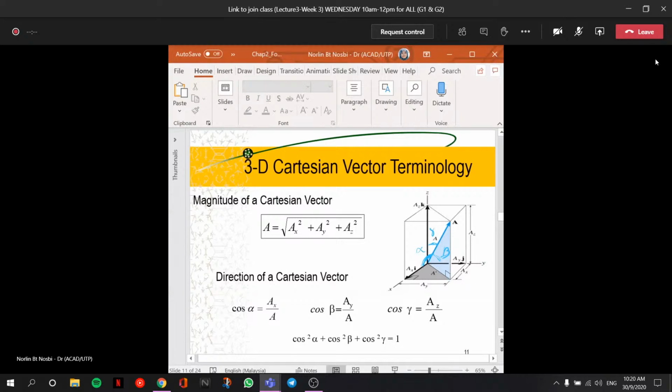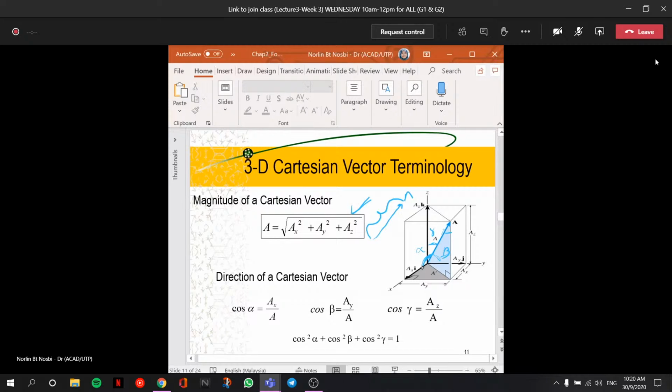So now you know the direction or the angle of this vector A, and this one is where you want to find the length or the value of this vector A. This one shows you the magnitude.